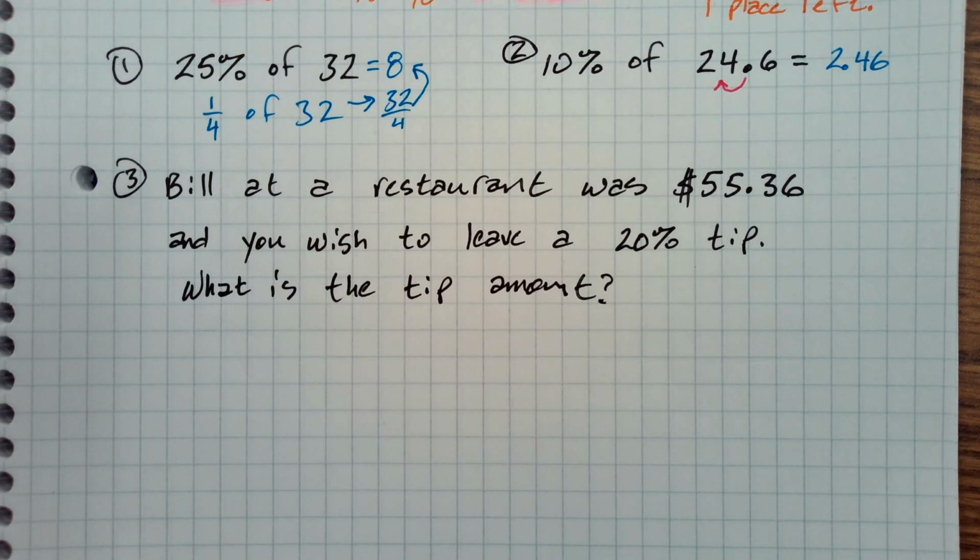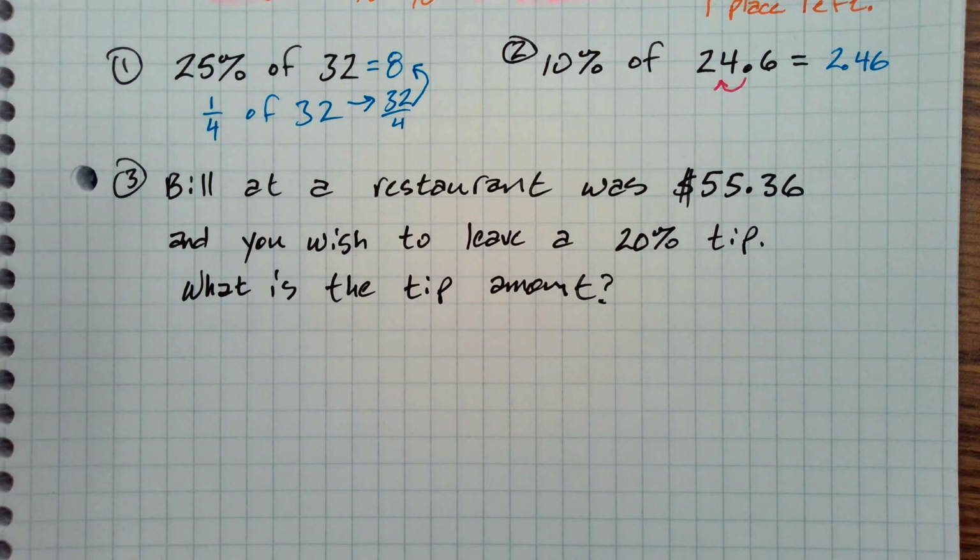If you do the total amount, you'd have to add the tip, but we're not even there yet. All I want is to figure out how much we're going to pay in tip. All you have to do is 0.20 times 55.36. What if I don't want to do 0.20? Is there another way?